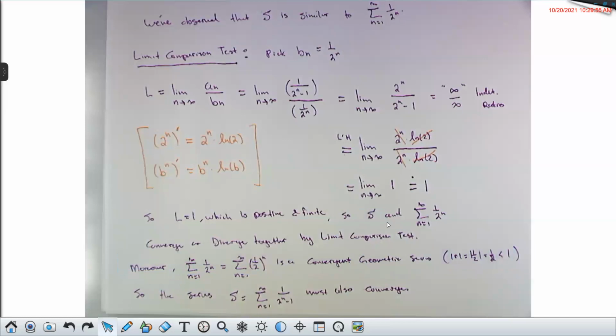So my series and sigma 1 over 2 to the n do the same thing. Sigma 1 over 2 to the n is convergent. Therefore, my series must also be convergent. That is the logical flow, and you must use that logical flow every time you use the limit comparison test. You can use different words, but you have to convey the same thing. There is no part of this which we could omit and still have a complete solution.